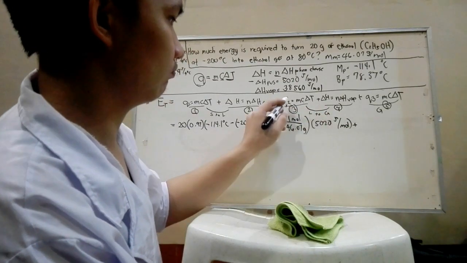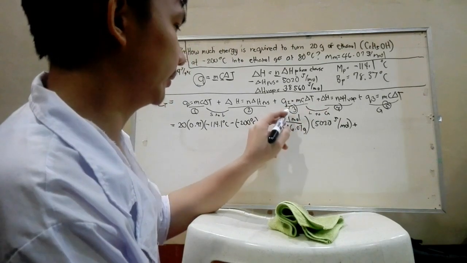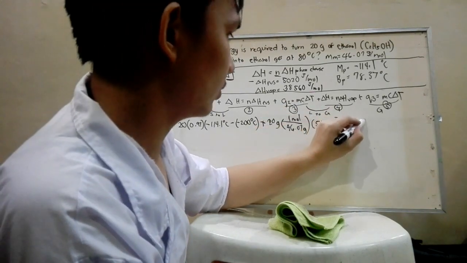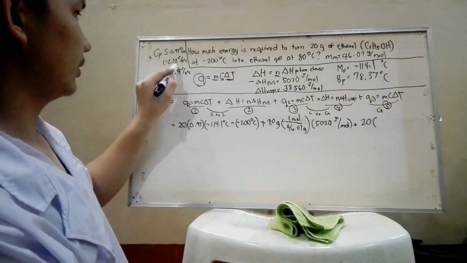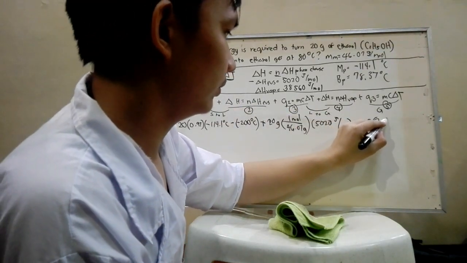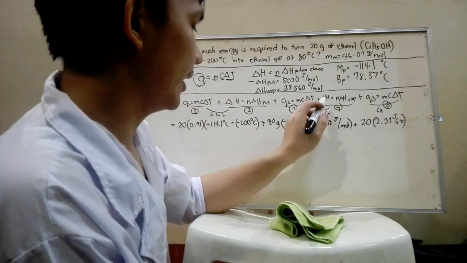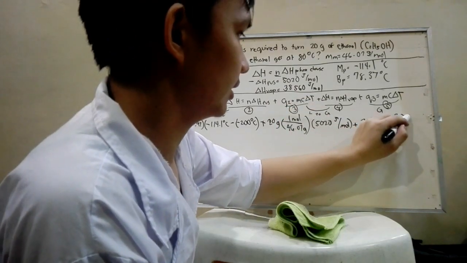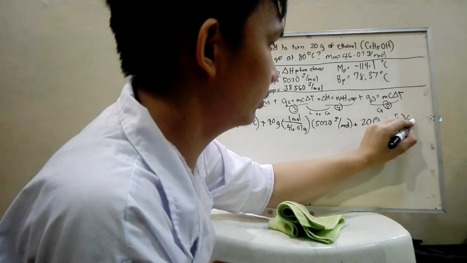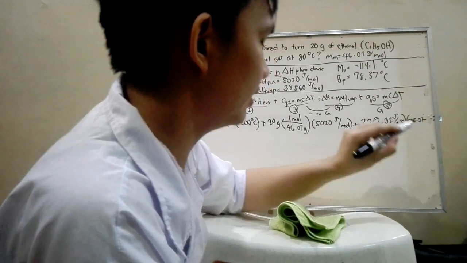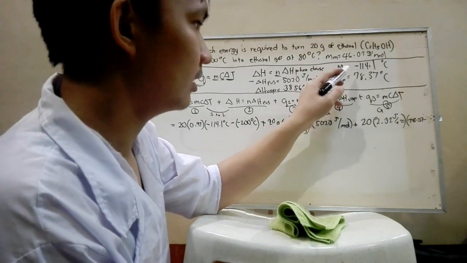We have to plug in our third step, which is 20, just the same, but here we are going to use 2.32 joule per gram per degree Celsius, and the temperature change, where we are reaching the boiling point, which is 78.37 minus its initial, which is the melting point.